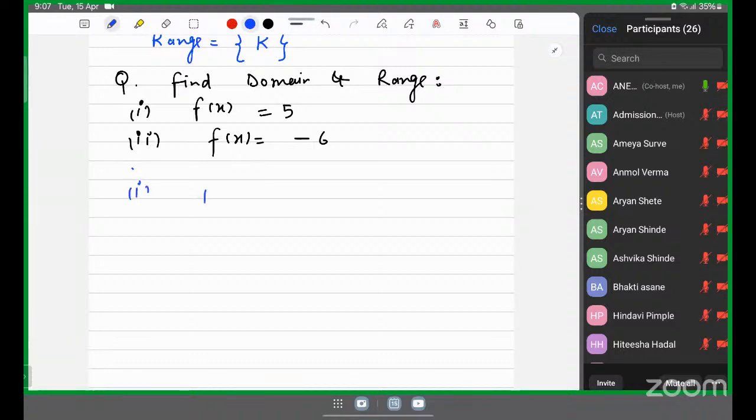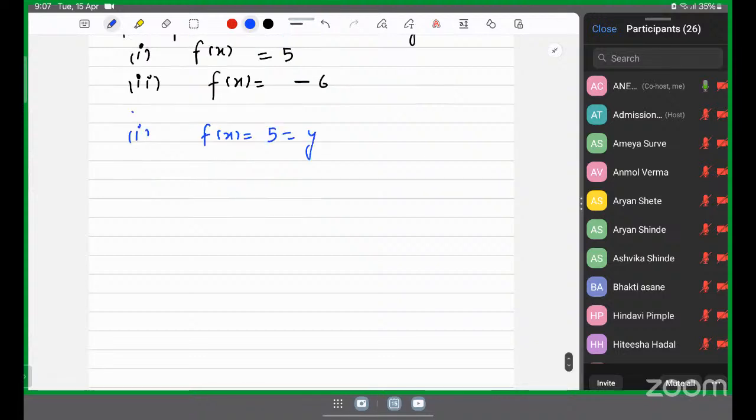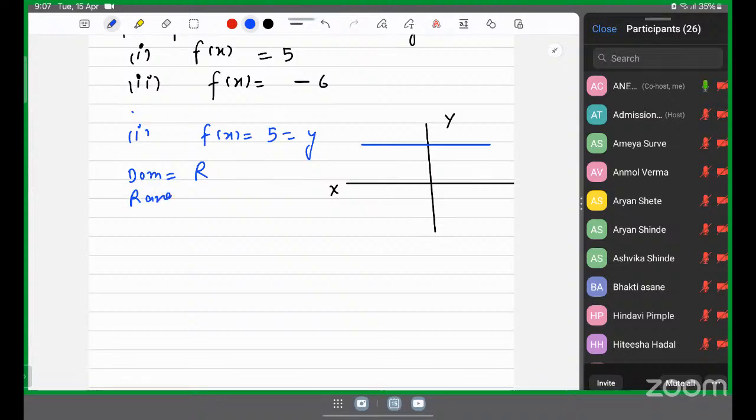f of x equals 5 is equal to y. If you plot the graph, it will be something like this. y equals 5, y at 5 units, and in this case the domain will be all possible real numbers. What will be its range? Range will be the singleton set {5}. Could I define its codomain?